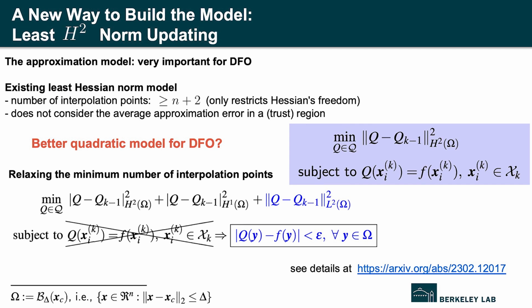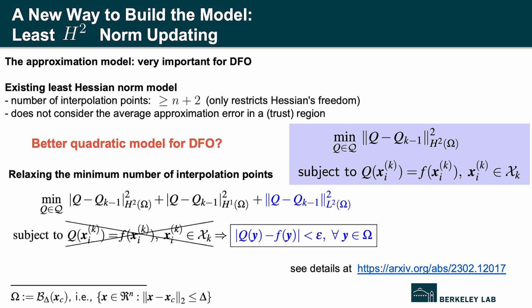And we are trying to propose a new way to build the model by proposing the least H2 norm updating. The H2 norm here is a kind of Sobolev norm, which usually appears in the PDE field, and it can consider the average approximation error or average property in a region.